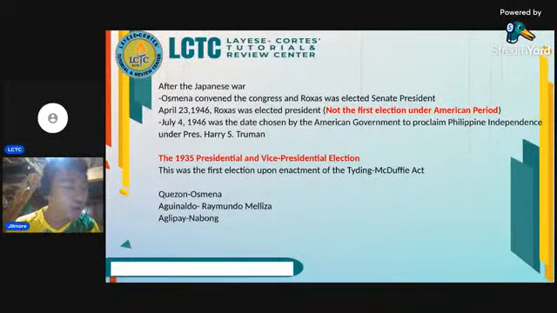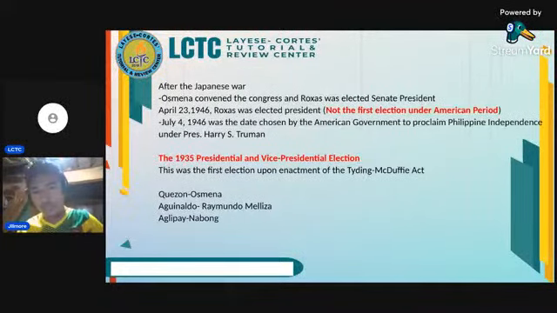July 4, the exact date, Ma'am Ann. July 4, 1946. Take note, that was the date when the Americans granted full independence. The Americans granted full independence for the Filipinos during the term of Roxas as president. After the Japanese War, let's fast forward: American, then Japanese period.